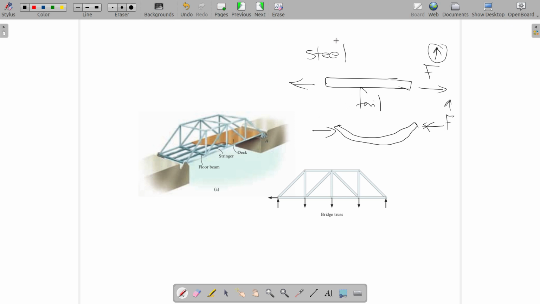So we know the material properties of the steel, we know the Young's modulus and everything. Young's modulus is not enough.